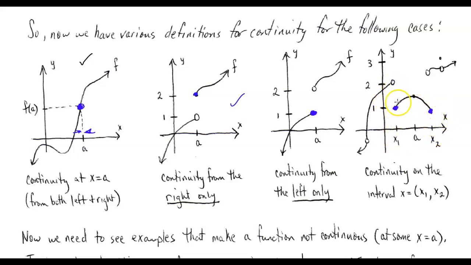So we're not going to say that the function is continuous at x equals x sub 1, but we can say that this function is continuous at x equals x sub 1 coming from the right, and this function is continuous at x equals x sub 2 from the left, okay?